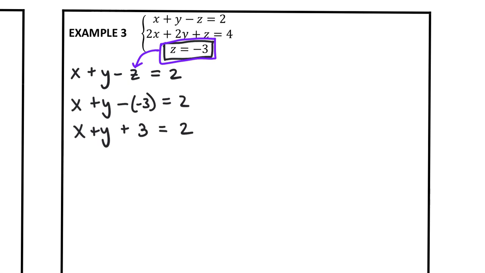And then we want to move the number to the other side. So we do minus 3, x plus y, these cancel, plus y equals, what's 2 minus 3? It's negative 1.